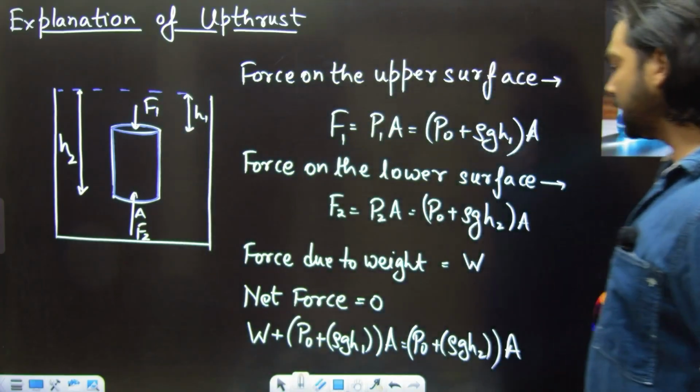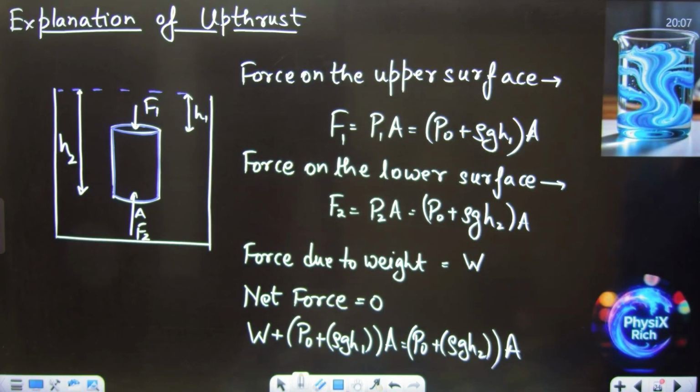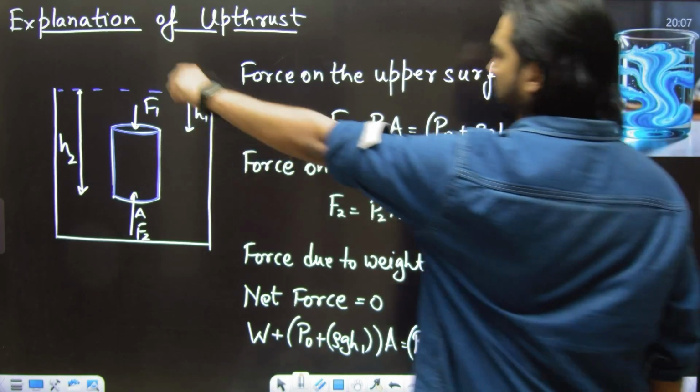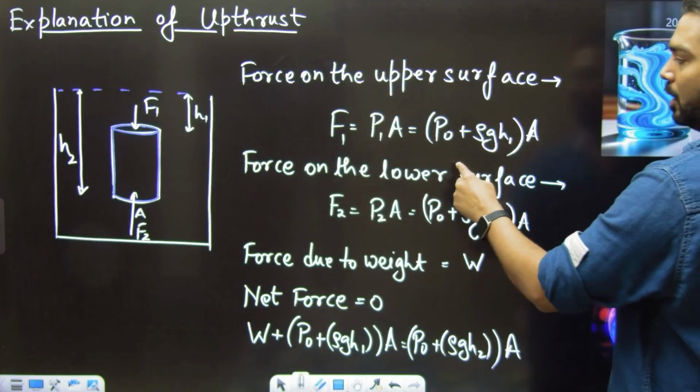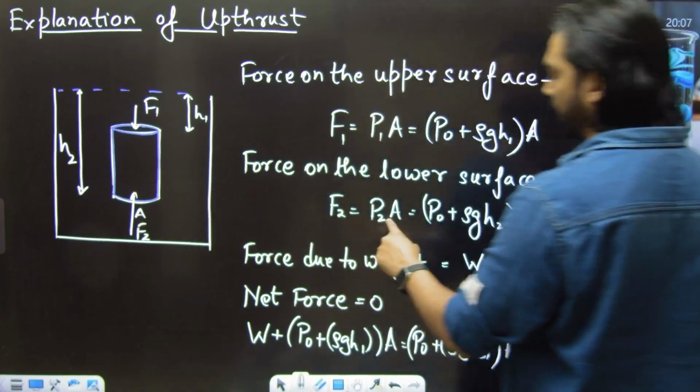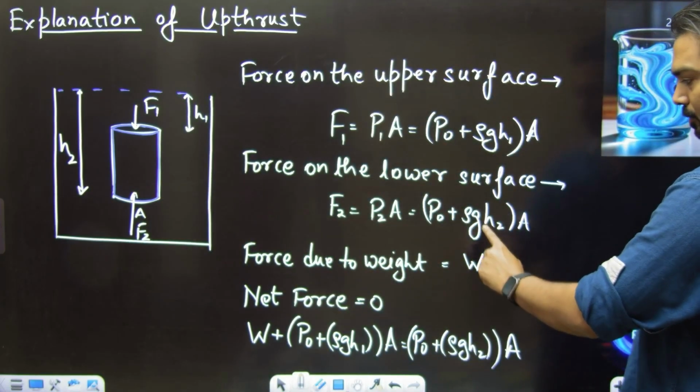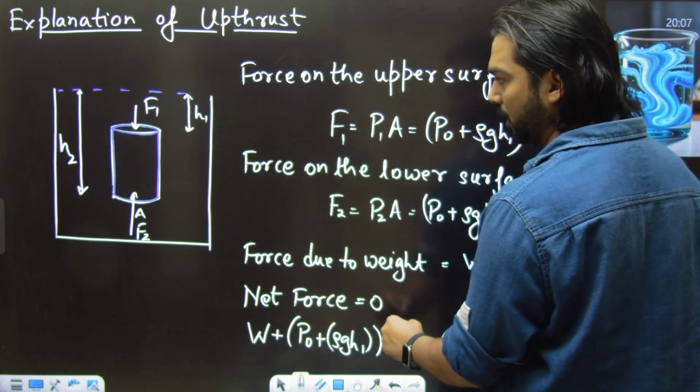So you see, guys, if we try to find the force on the upper portion, that will be P1A. On the lower portion, it will be P2A. And the net force must be equal to 0.